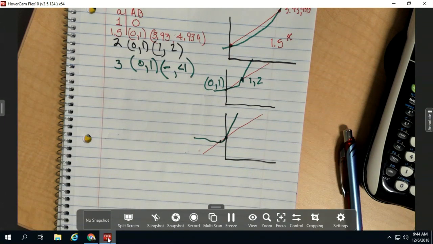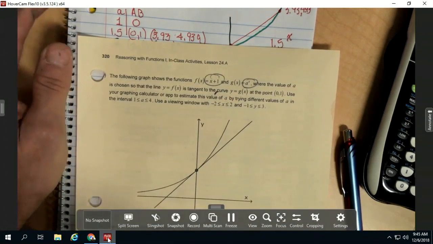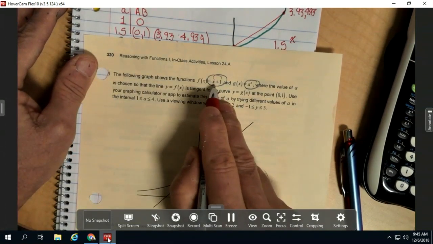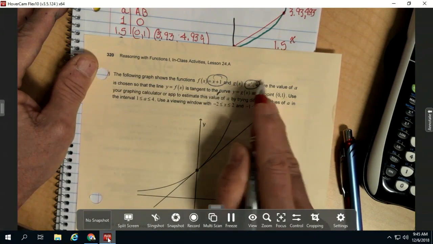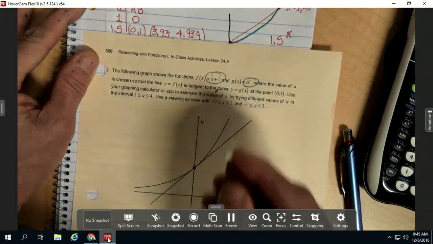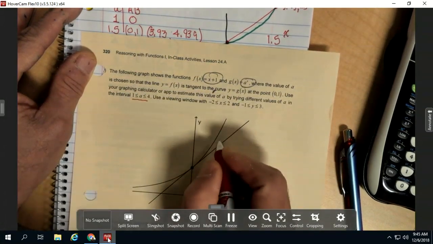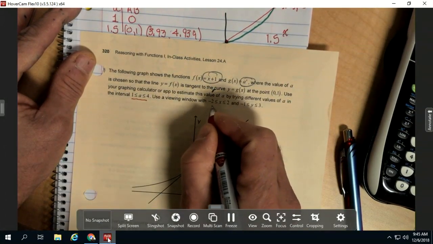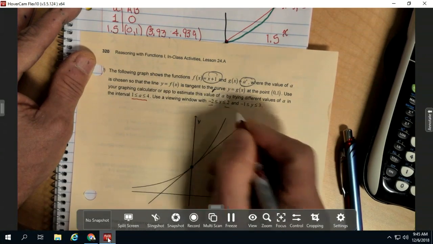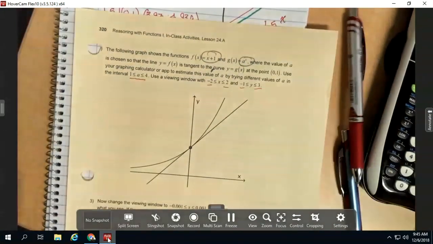Page 320. The following graph shows f of x equals x plus 1, g of x equals a to the x. They want us to graph this so that a is the interval from here to here, and our window goes -2 to 2 and -1 to 3.